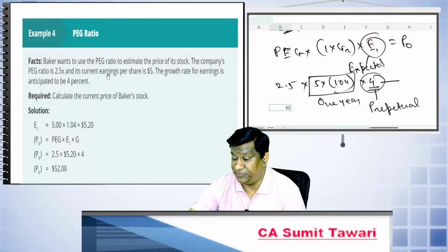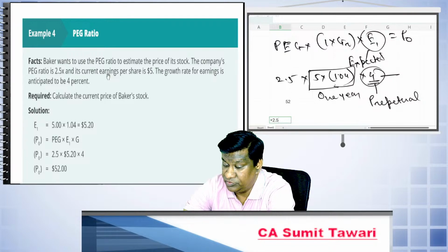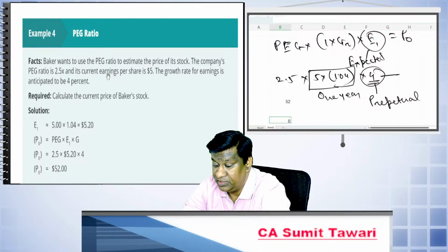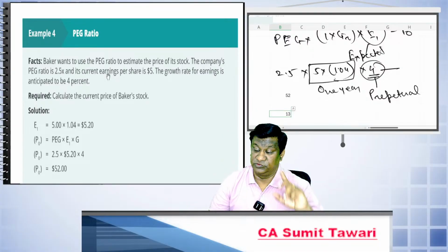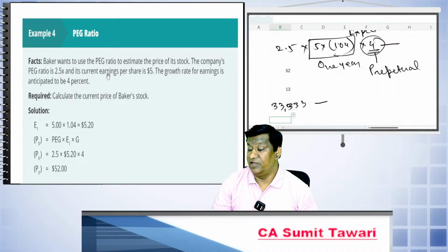Like, if I consider only 2.5 multiplied by 5.2, then the price would be 13. If you see the previous example, if I have not applied the growth rate, then the value of the inventory is 33,000, and when I apply the growth rate, then it becomes immediately 1,10,000.